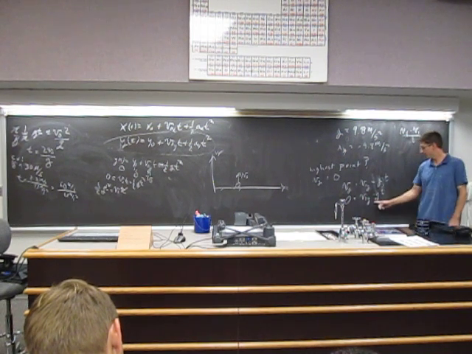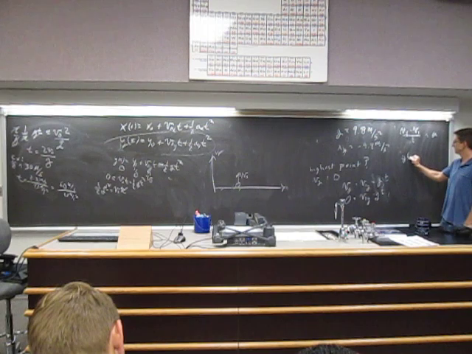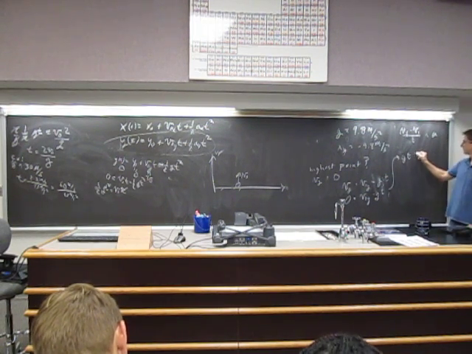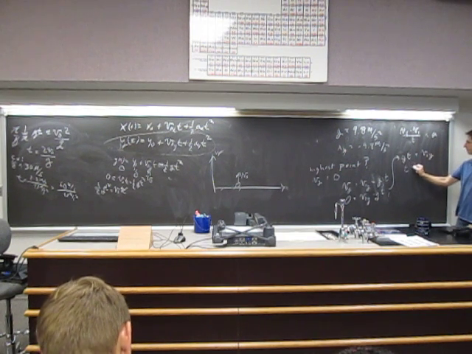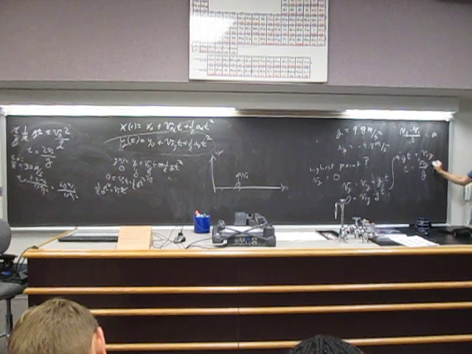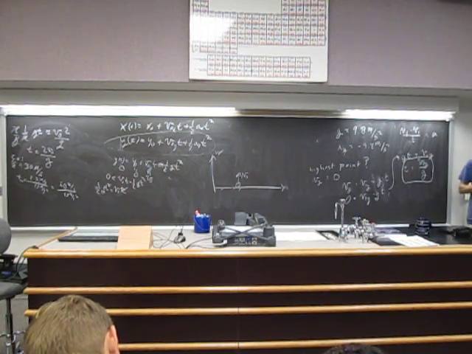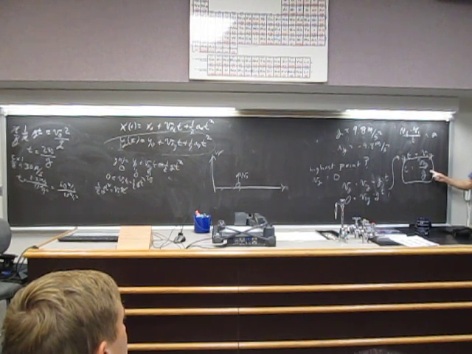Add this gt to both sides. So I get gt is equal to the initial velocity in the y direction, so the time is the initial velocity in the y direction divided by g. Hopefully that's clear how I did that step. This would be the time to get to the highest point.